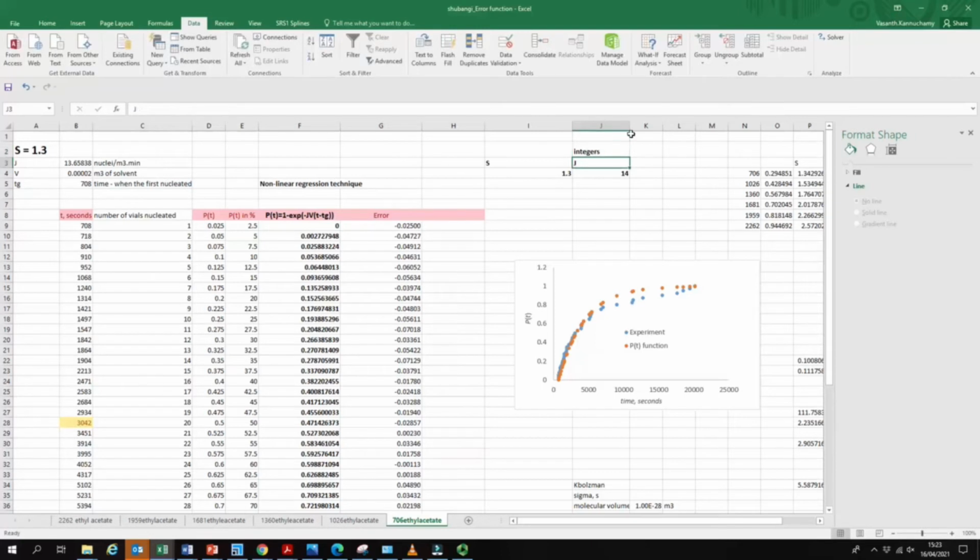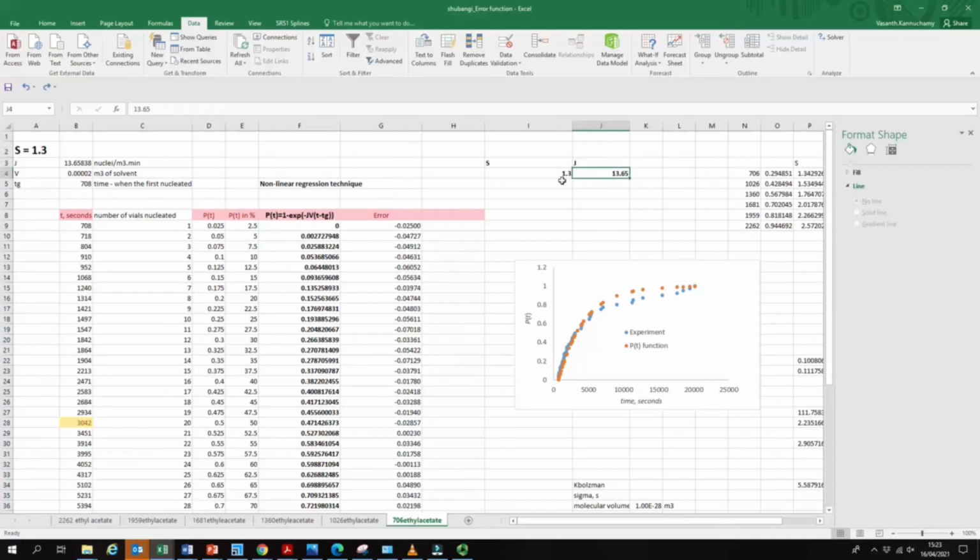There is nothing called 1.4 nuclei or 2.6 nuclei. It will be a definite integer, like 1 nuclei, 2 nuclei. Anyway, for the moment I'm just going to leave 13.65, and then we can change it later to integers.